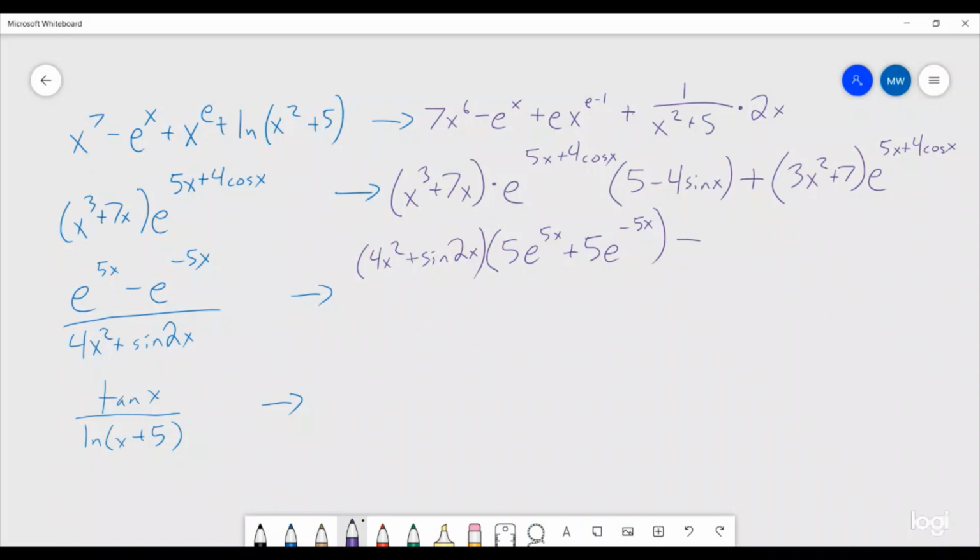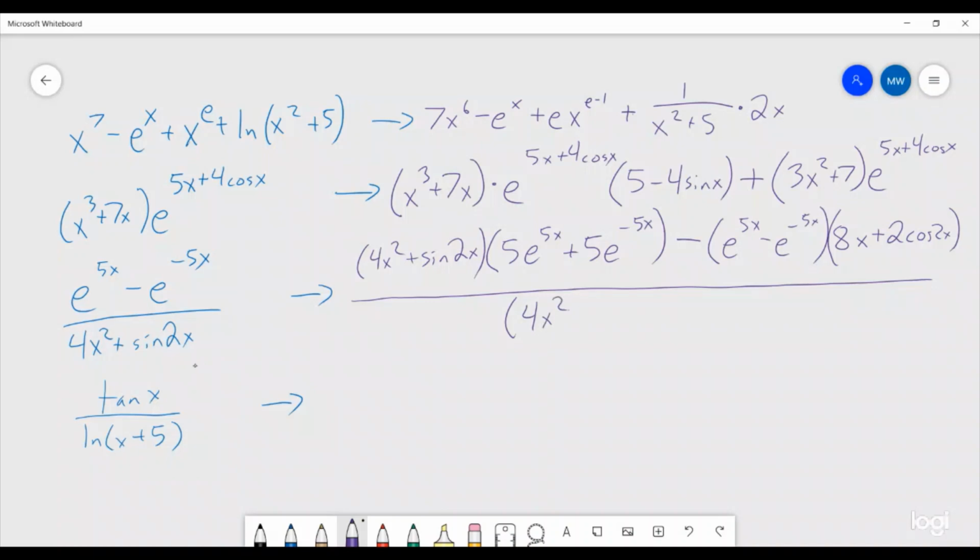Low d high minus high, e to the 5x minus e to the negative 5x, times the derivative of the bottom, which goes to an 8x plus the derivative of sine, which is cosine, so we get cosine 2x times the inside, so we get 2 cosine 2x. So low d high minus high d low all over the bottom squared. There you go.